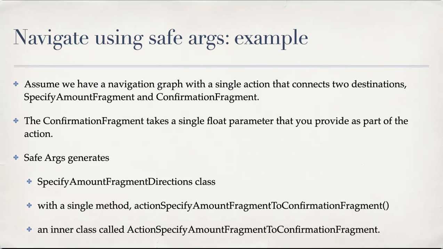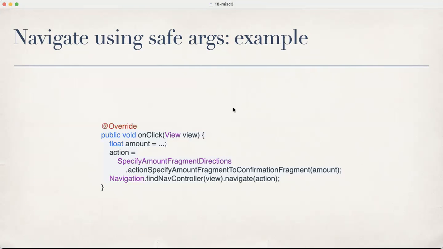Okay. Now, this inner class is derived from NavDirections, and it stores the associated action ID and float parameter. So those will be fields inside it. And what it returns, we can use to actually cause the navigation, as we'll see here.